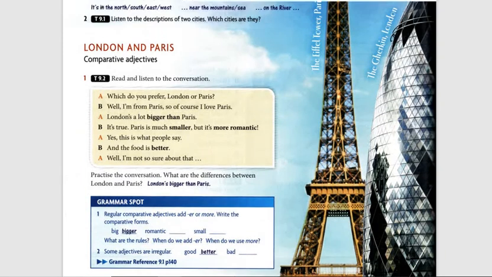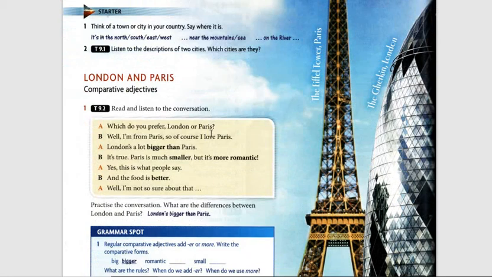To the first tape script, let's move back. It's in the north, in the south, in the east, in the west, near the mountains or the sea, on the river.